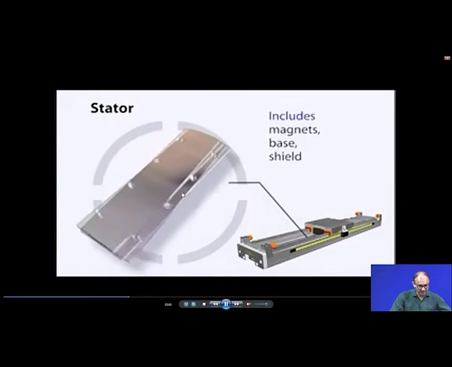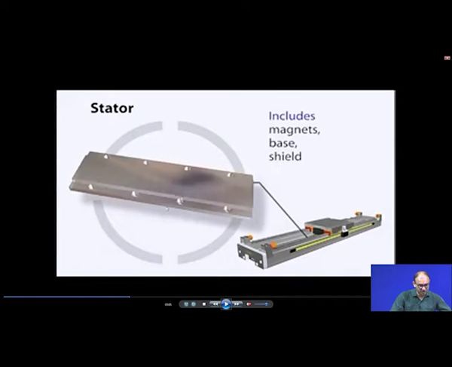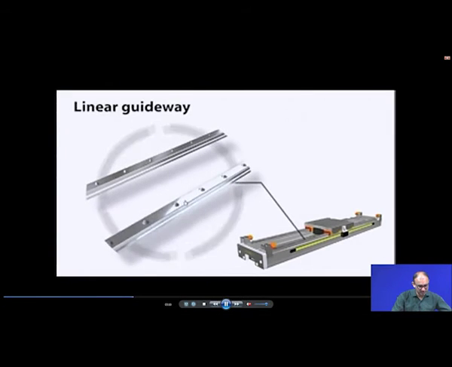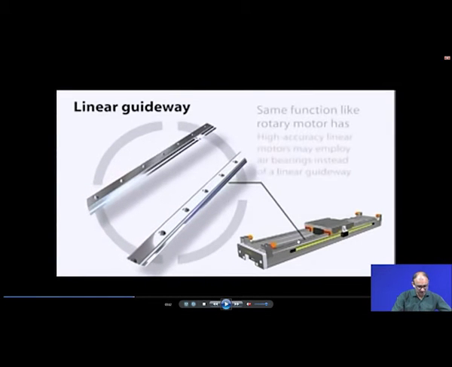Correct. So, this is the stator. It includes magnets, base and the shield, because we have seen that we are unwrapping the conventional motor stator, and then it becomes a flat surface. So, this thing is mounted below the surface. These are the magnets, and then we have to shield it also, so that there is no type of problem.